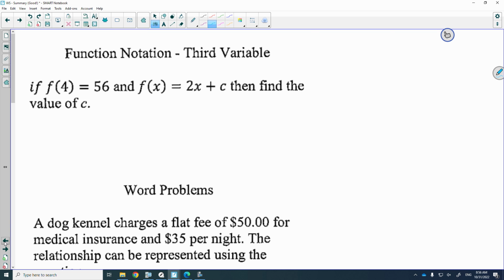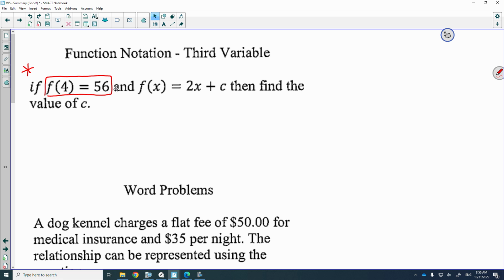Okay, this question here, star this one, because we've never done one like this. This would be a standard of excellence question, but this is a good question that you might see. They say if f of 4 is equal to 56, when they give you something like this, they've just given you a point, right?